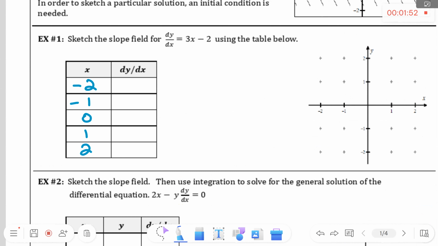What's -2 times 3? -6, -6 minus 2 is -8. -1 times 3 is -3, -3 minus 2 is -5. 0 times 3 is 0, minus 2 is -2. 3 minus 2 is 1. 6 minus 2 is 4.